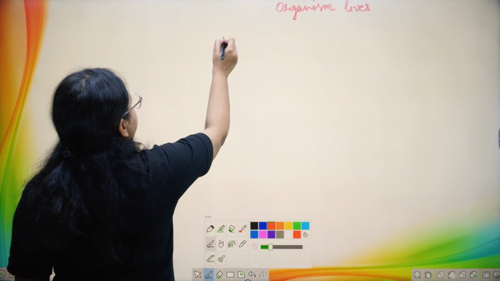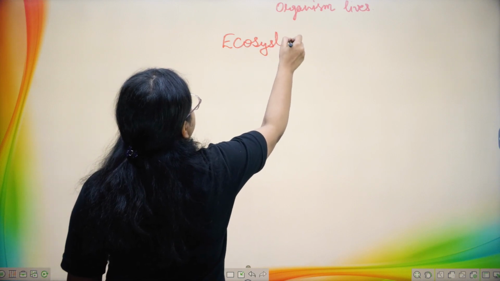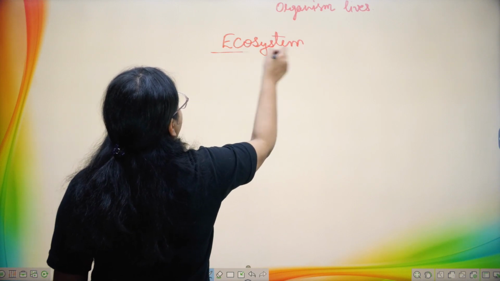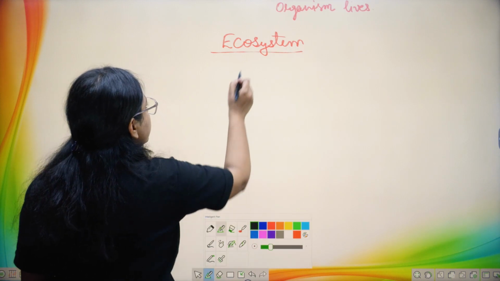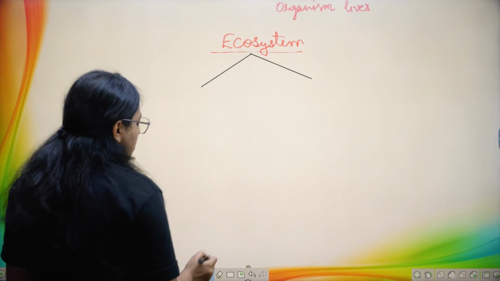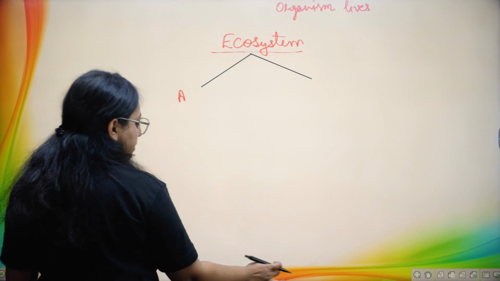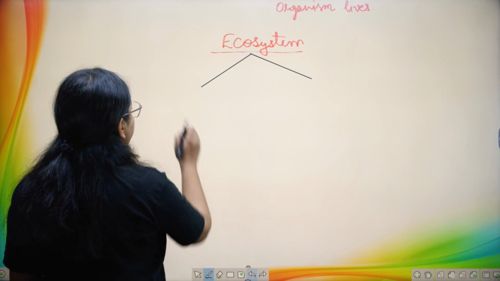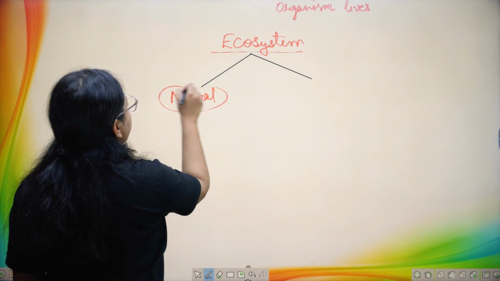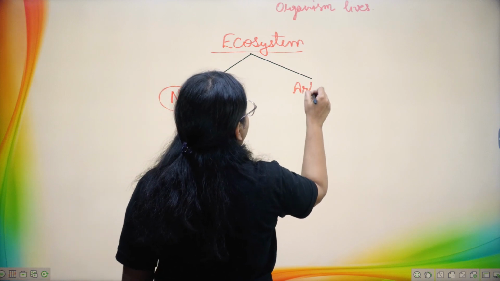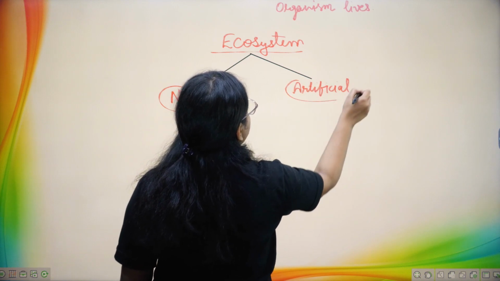First, we discussed the ecosystem, which can be classified into two parts: natural and artificial.